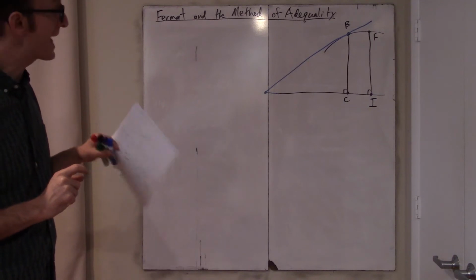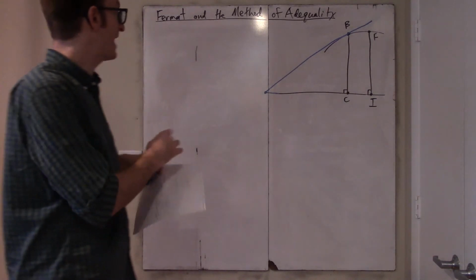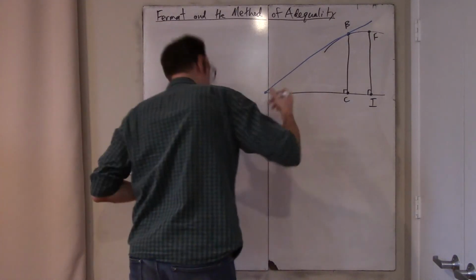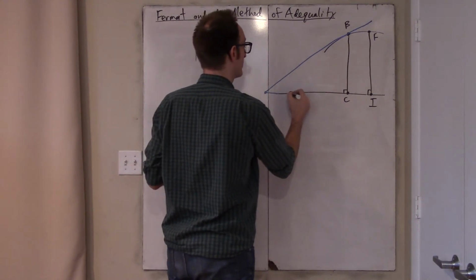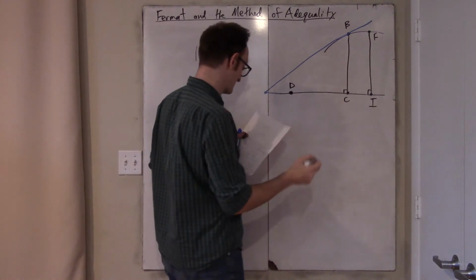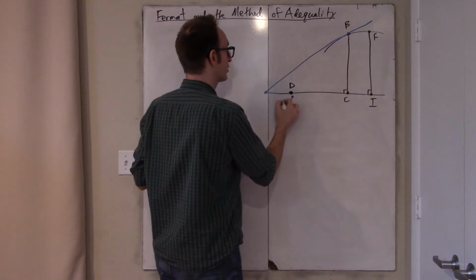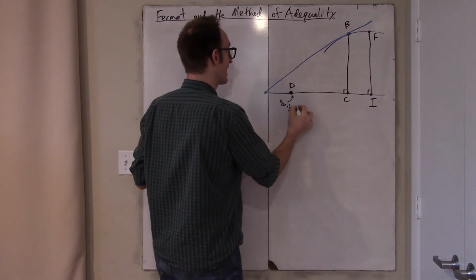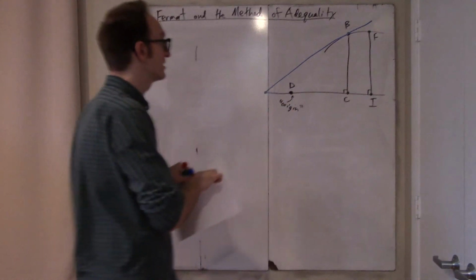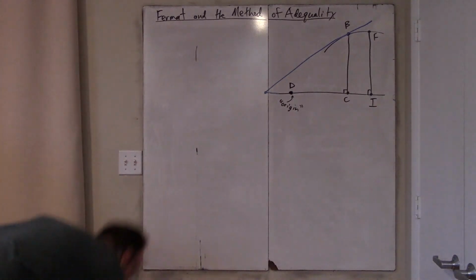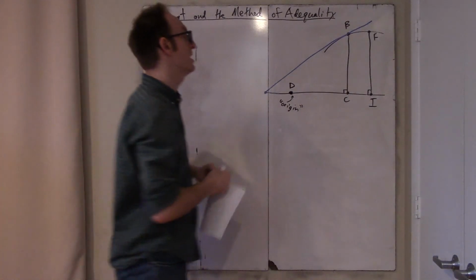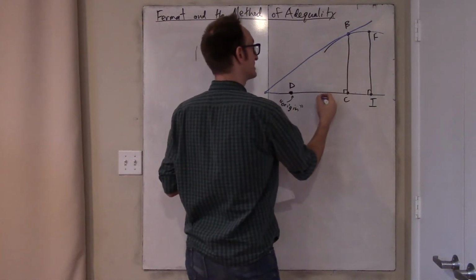And what else? Well, there's some kind of coordinate system going on. So let's suppose I have some other point, D. This is the kind of thing Fermat did. So call this the origin. And if that's the origin, then we can also add in x, which is the abscissa.